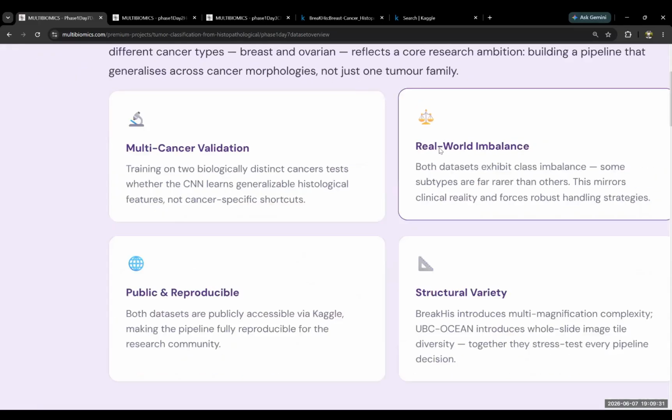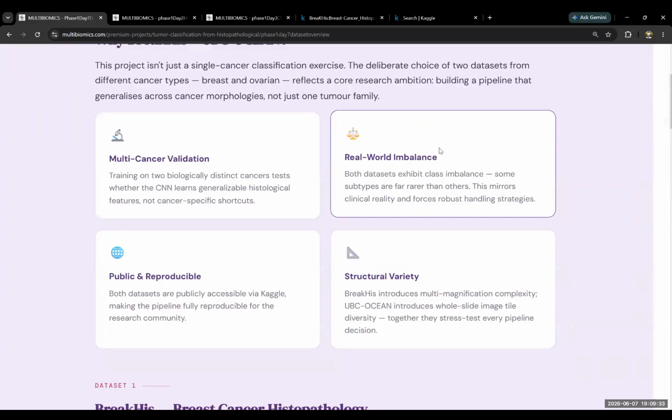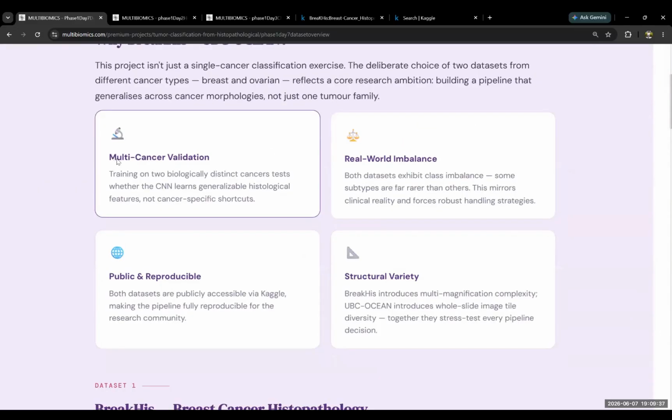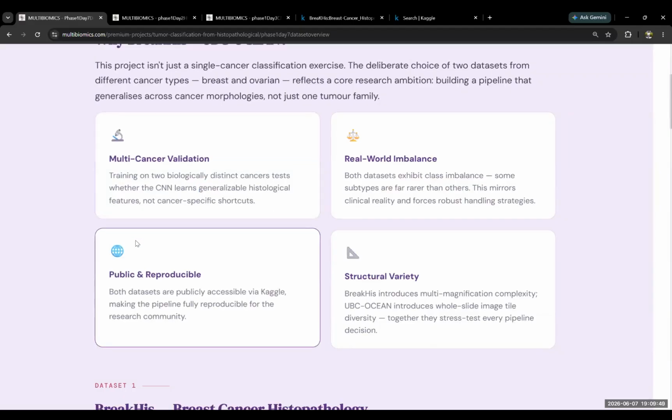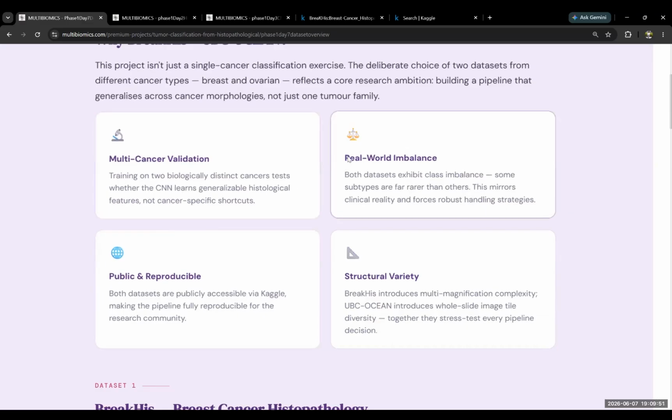So these are some essence of what we are going to do. Multi-cancer validation: not only one, but more than one cancer we can validate. How the CNN will learn and how we can use it generally for any histological cancer images.